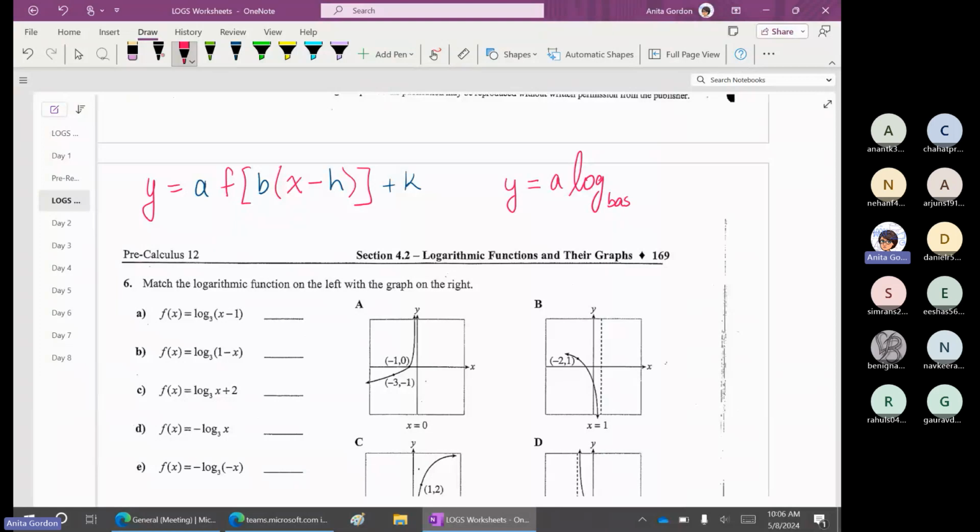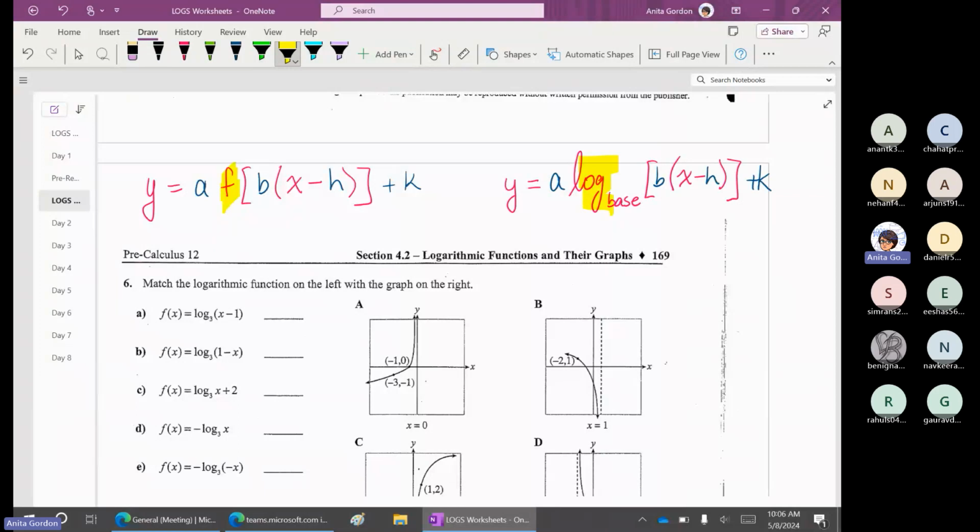Maybe I'll write the word base because I don't want you to get confused there. This is what it looks like when we take the generic transformation function and make it into a logarithmic function. All I have done is substitute a generic function with an actual base function, okay?